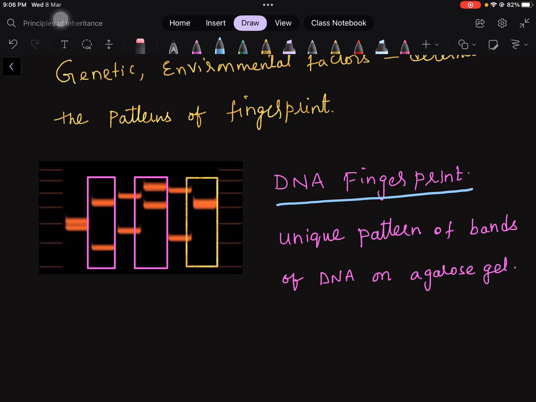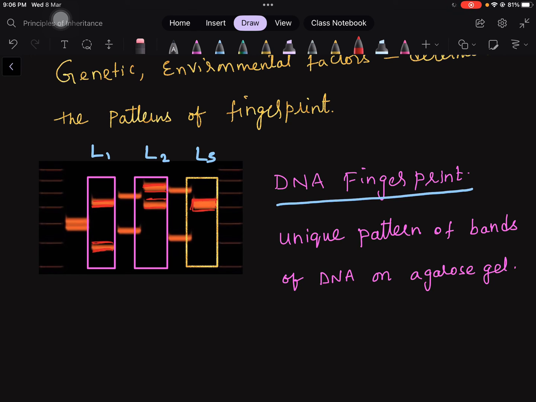Each lane, as you can see, has its own pattern of bands. Can you see the bands here? Yes. So these are the bands obtained. Here these are the two bands obtained at these specific positions. In lane 2, these are the two bands obtained at these specific positions, and in lane 3, only one band is obtained at this specific position.